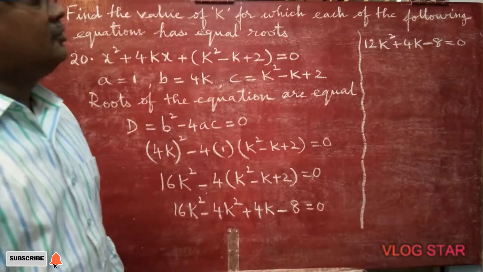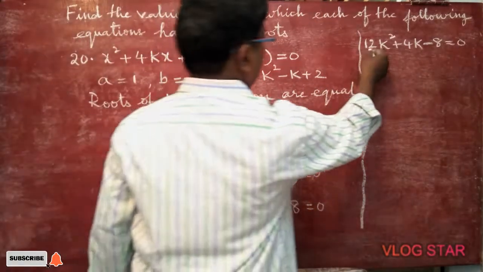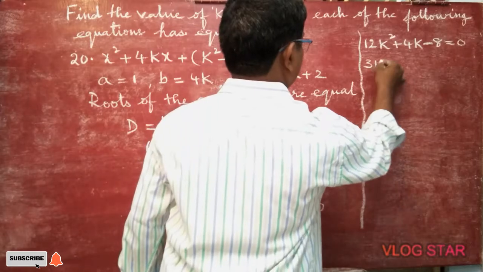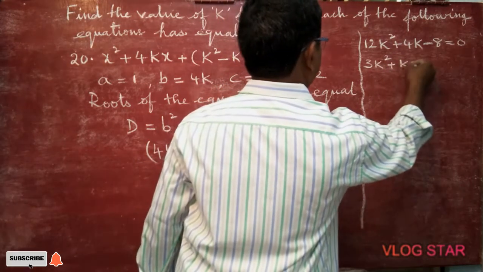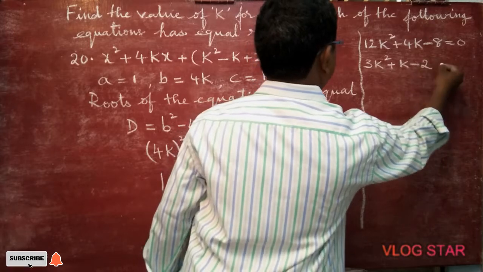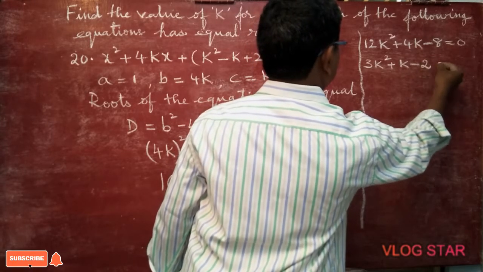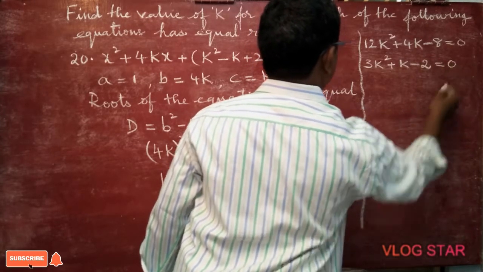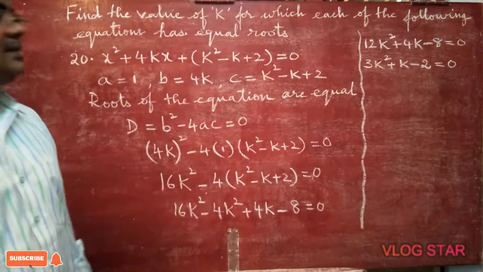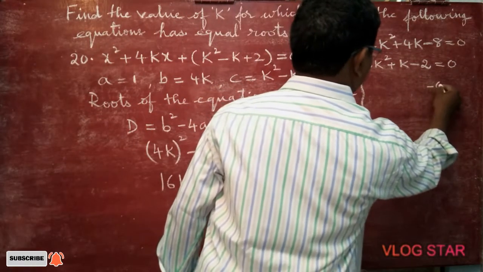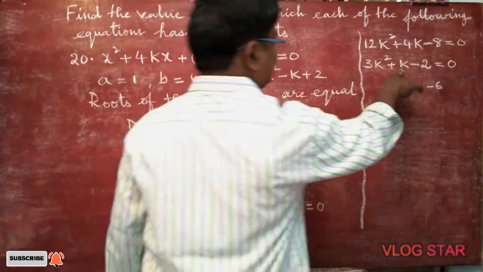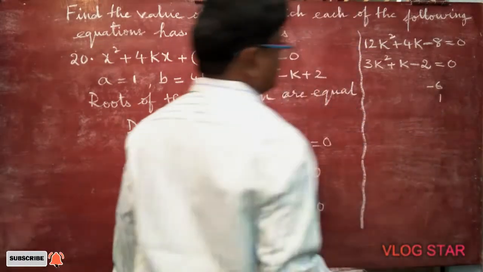Which table is common? 4 table is common. 4 goes 3 times, 4 3s are 12: 4 into 3k square; 4 ones are 4, so k; 4 2s are 8, is equal to 0. Now for which number are we going to find factors? 3 into minus 2, for minus 6 we have to find factors. When we simplify, plus 1 should come.